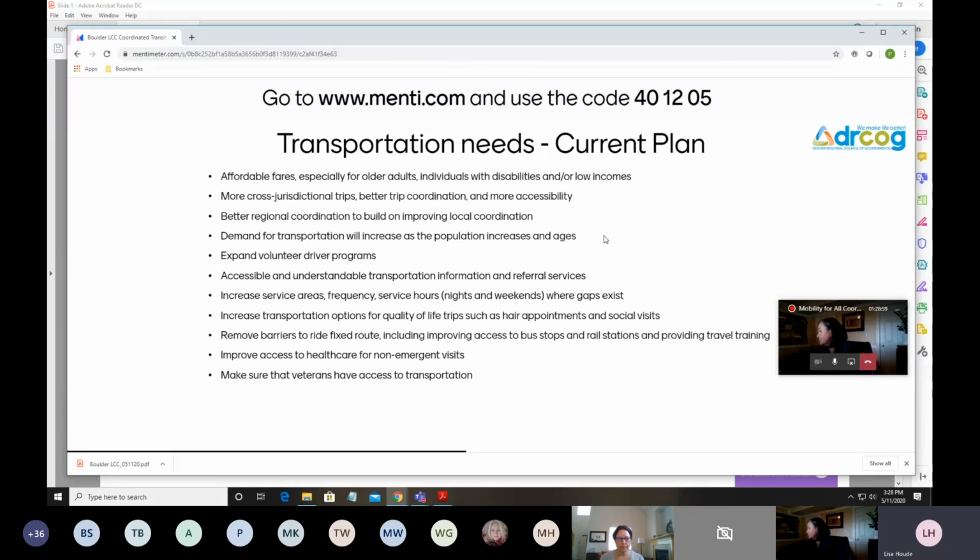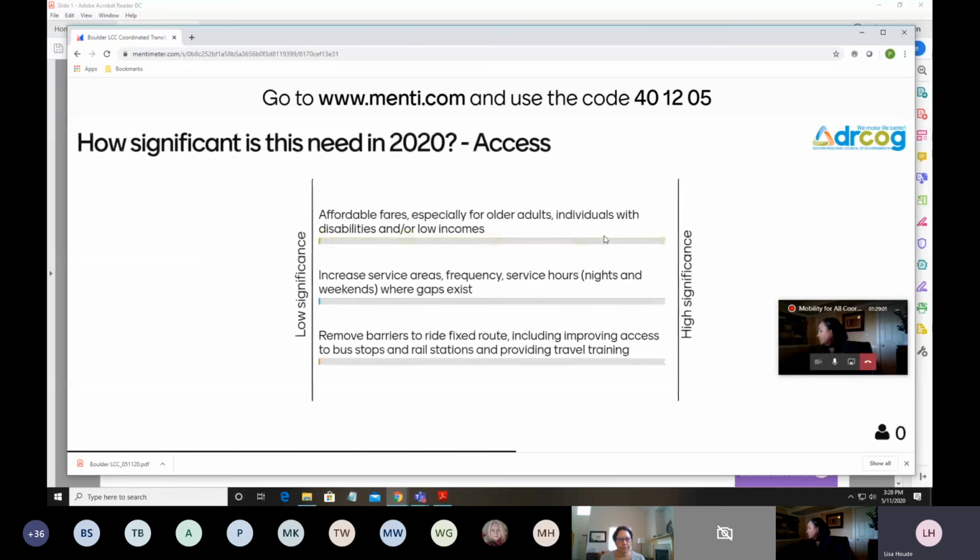So I've grouped them into kind of categories. And this question will be a little bit different because you'll be rating. So you're going to rate from low significance to high significance, each one of these needs that were identified in the previous plan. So the question asks, how significant is this need in 2020?